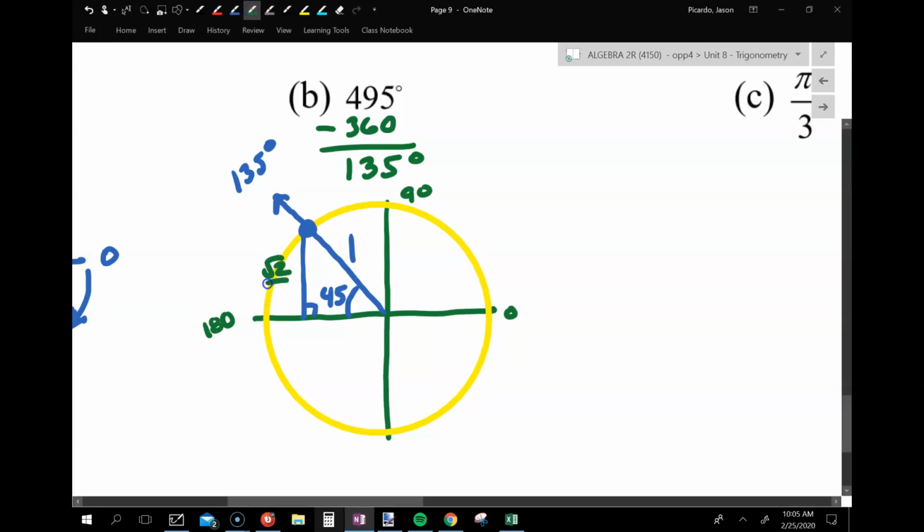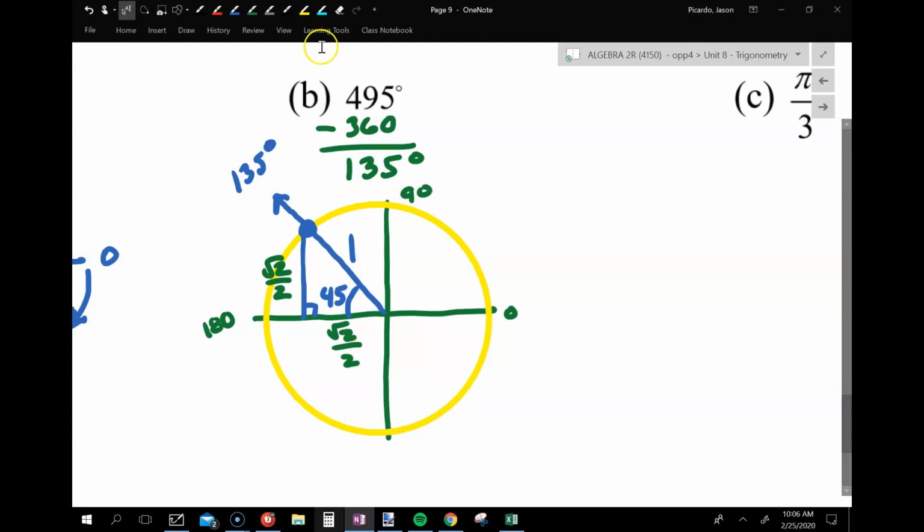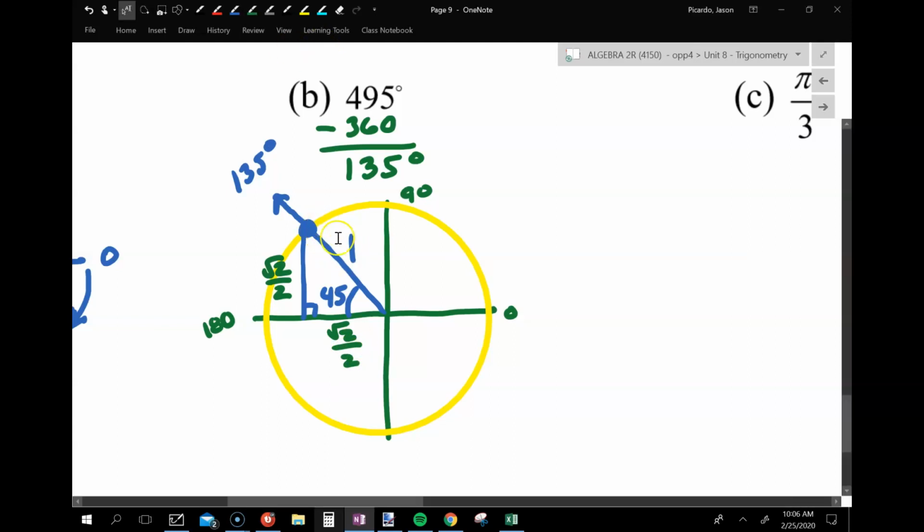Radical 2/2. So if I want to label this point up here, how am I going to get there? I'm going to go to the left, which means negative. I'm going to go up, which means positive.